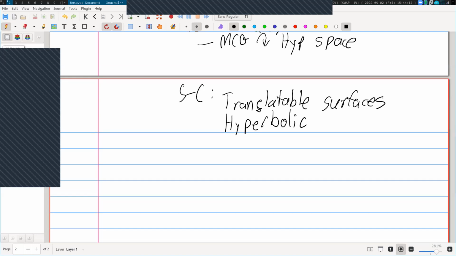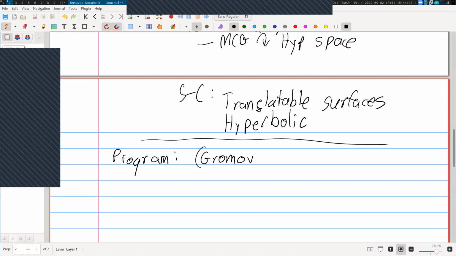Okay, hopefully I've convinced you that there's a bunch of interesting questions here that should be answered, right? And so how do we go about answering this kind of question? Well, the program, which is basically Gromov, who asked this question about groups, and being Gromov, he meant finitely generated groups.